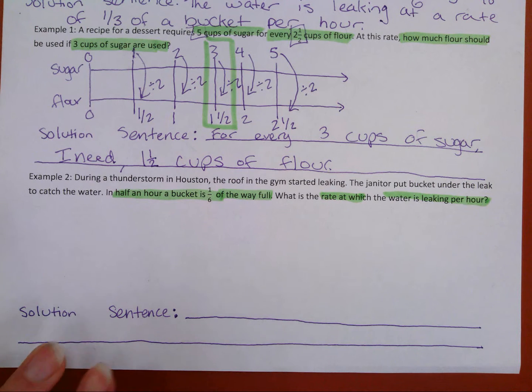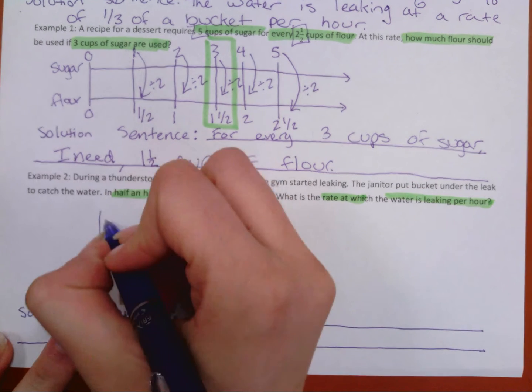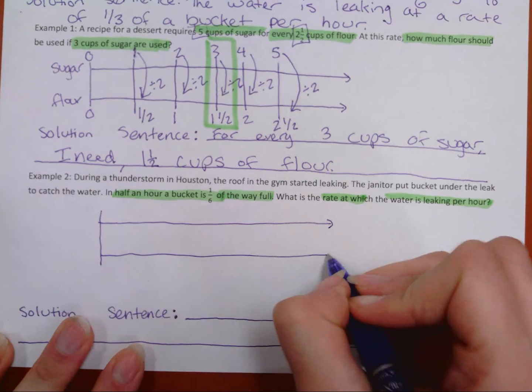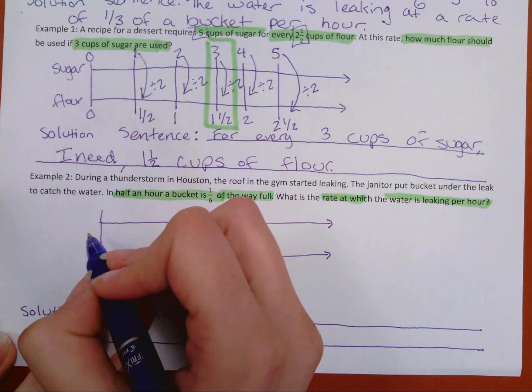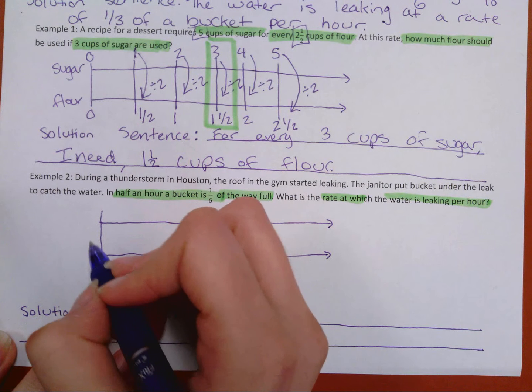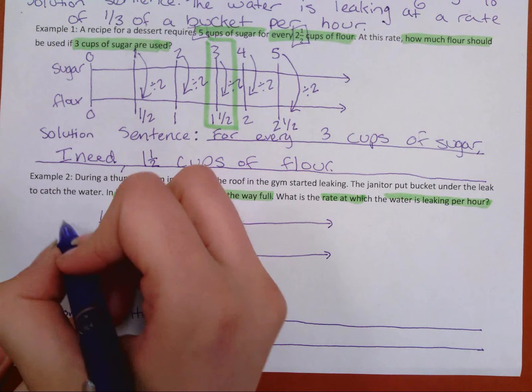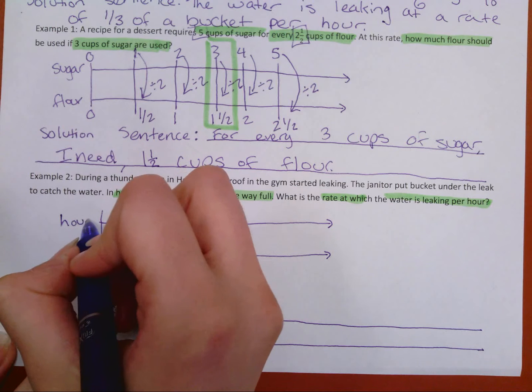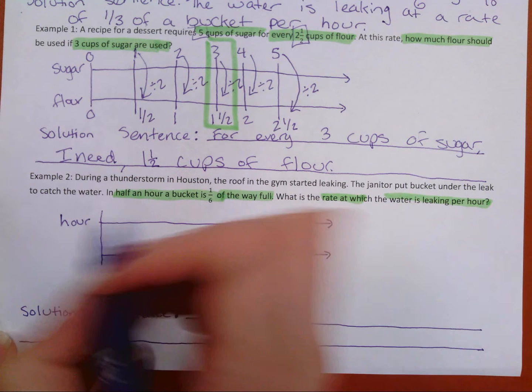So again, I'm going to draw my double number line. And keeping the same order, so this is hours first. And then the bucket.